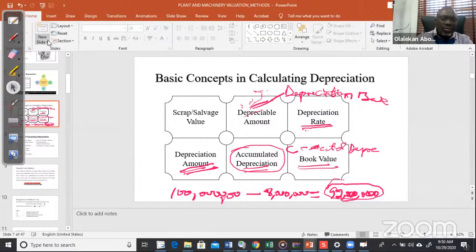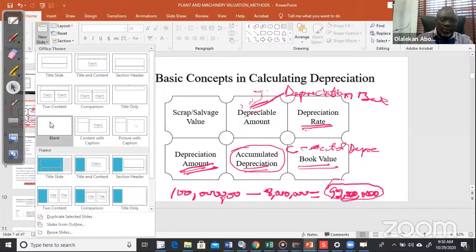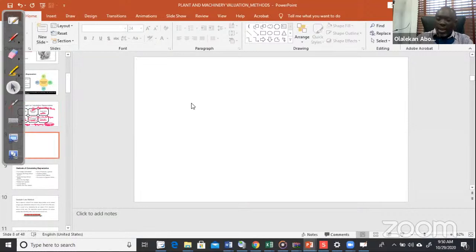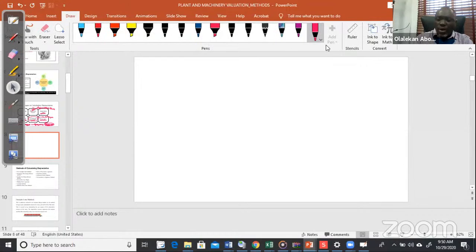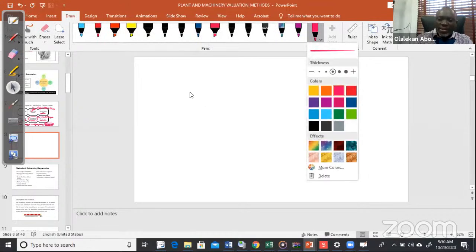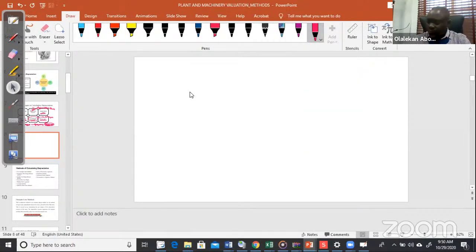Let me quickly insert a slide, at least for emphasis. What I've said is that accumulated depreciation means the same thing as total depreciation.